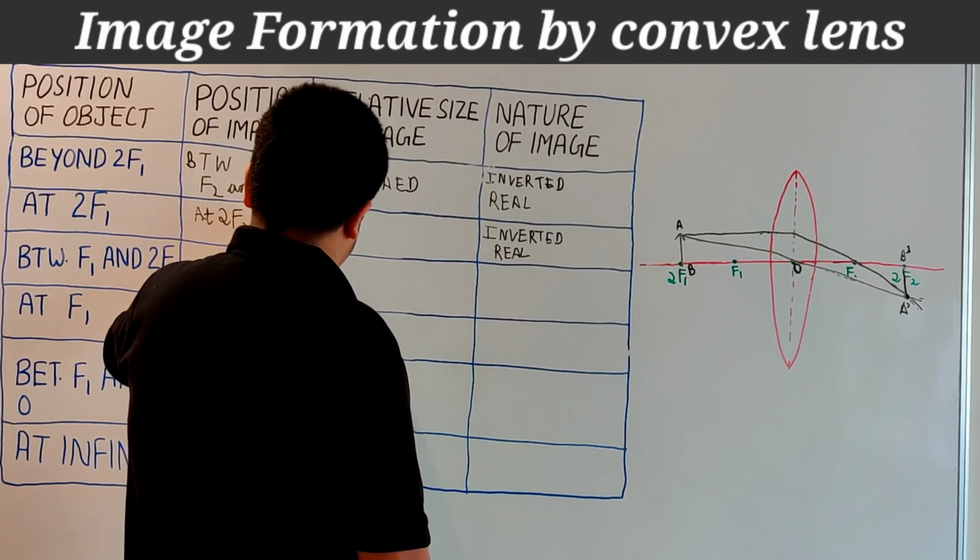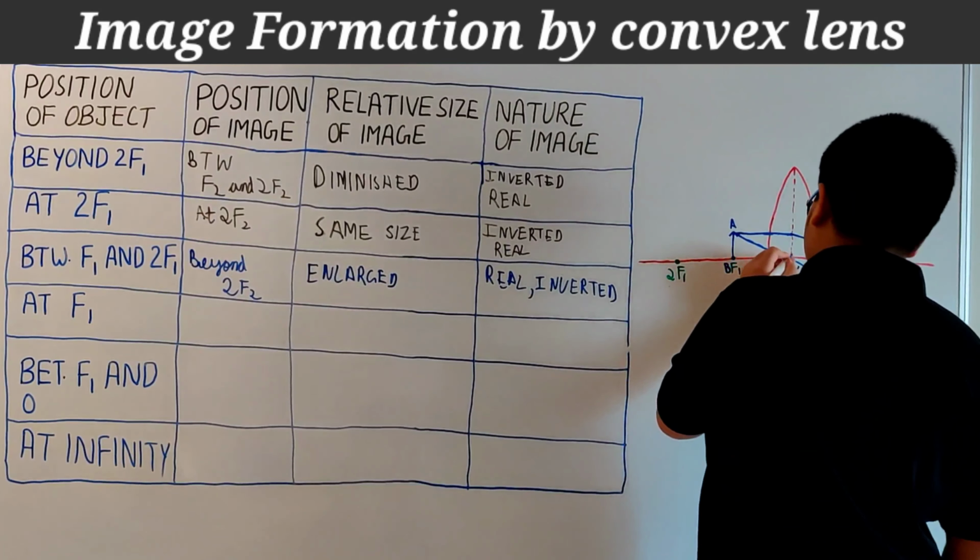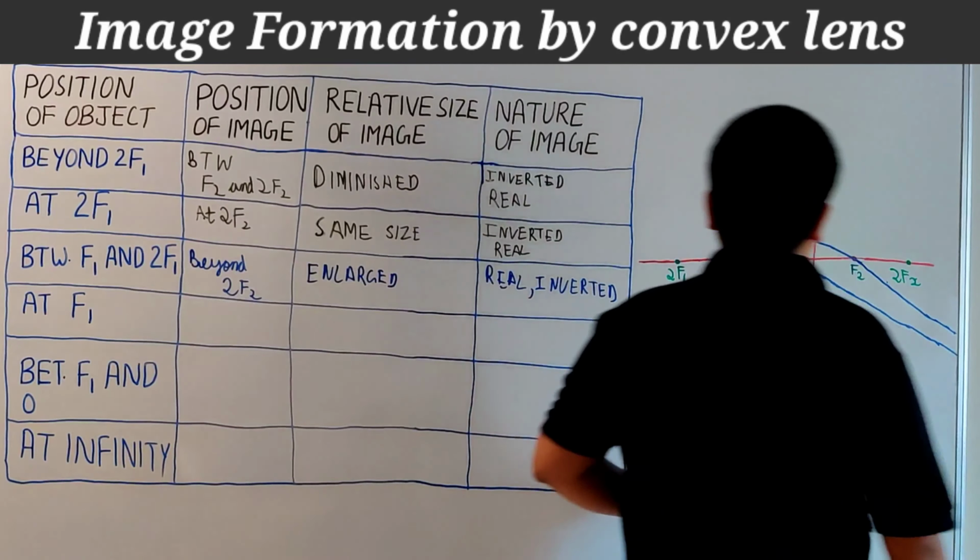Now let's discuss the fourth case in which the object is placed at the focus F1. Here object AB is placed at the focus F1. The first ray will be like this, and the second ray will pass through the optical center. Now here you can observe that both of these rays are not meeting here, but you can see that both of these rays are not parallel also.